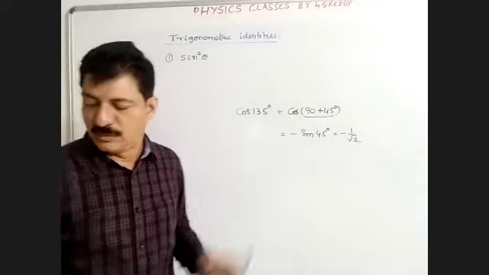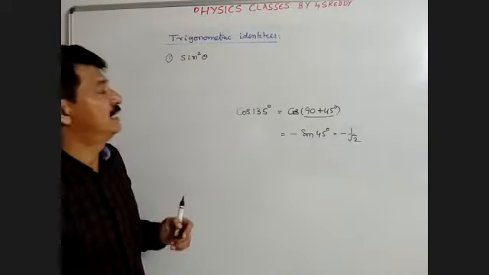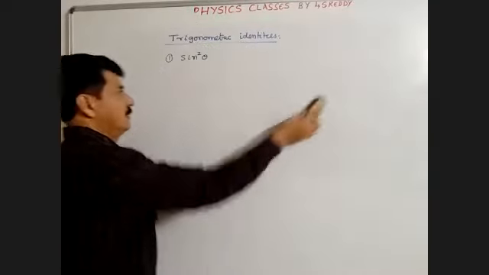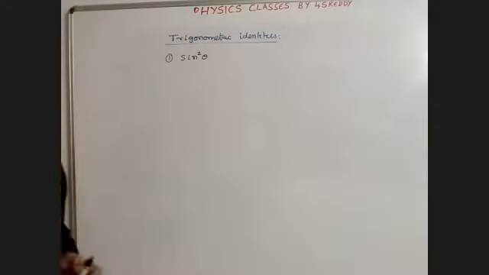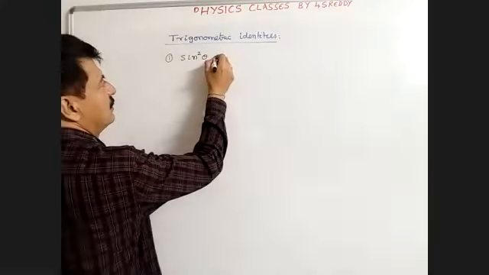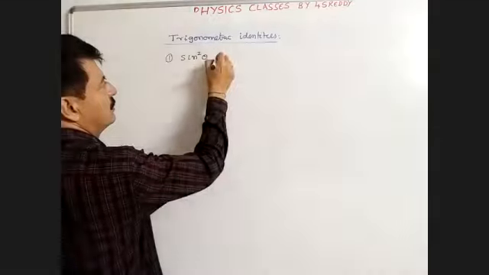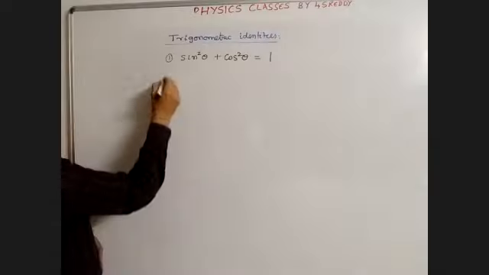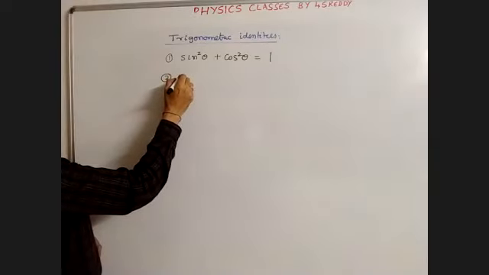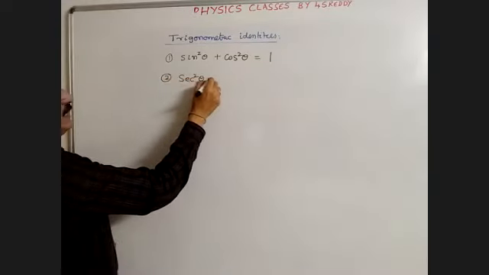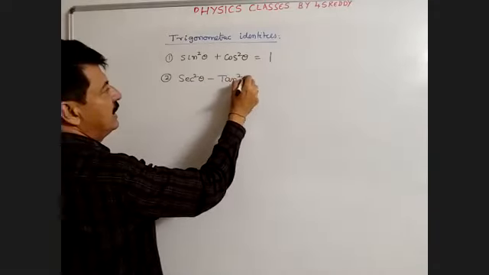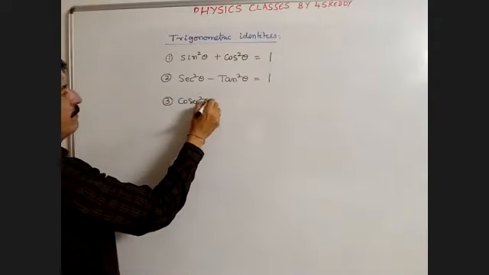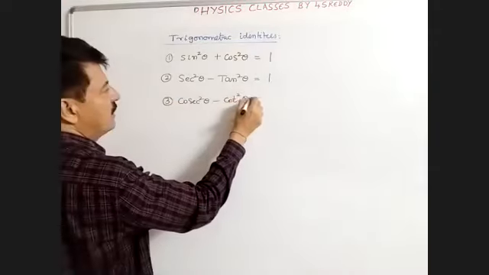Thank you, sir. Can anyone tell me what the trigonometric identities are? Raise your hands. No one knows? Sin square theta plus cos square theta is 1. The second identity: secant square theta minus tan square theta is 1. Cosecant square theta minus cot square theta is 1.